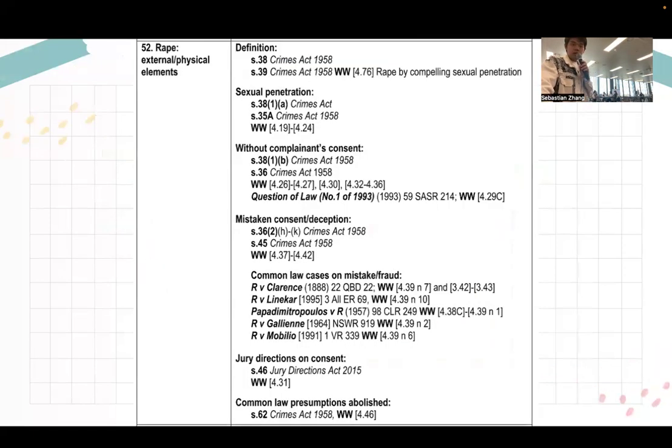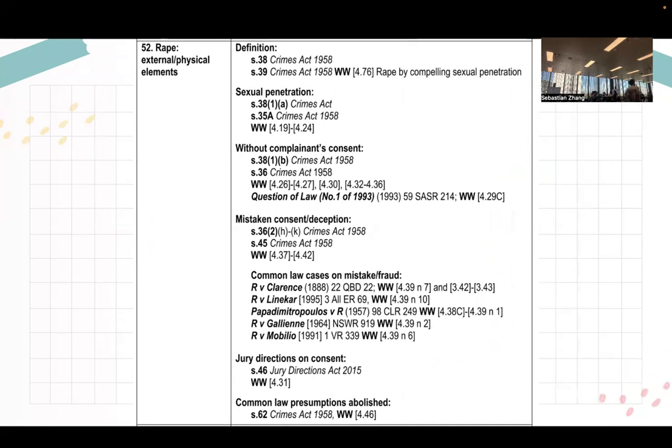But anyway, here are some of the elements, okay, or the things that are involved in rape, and some of the things that you need to fulfill. So first of all, whenever you look at rape itself, you want to look at the Crimes Act, section 38 of the Crimes Act. Okay, if you are being massively penetrated, looking at section 39, but usually it doesn't arise from the facts on the exam.